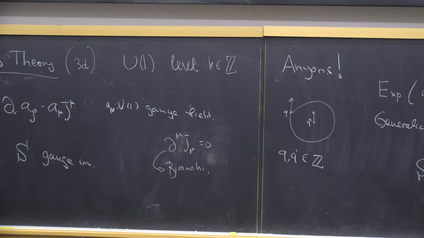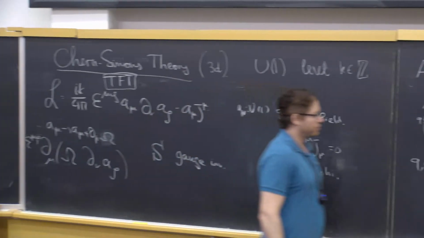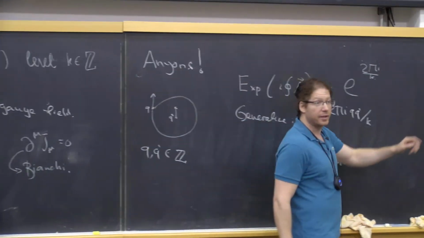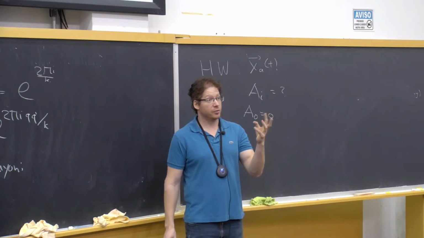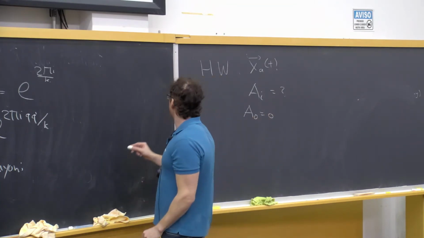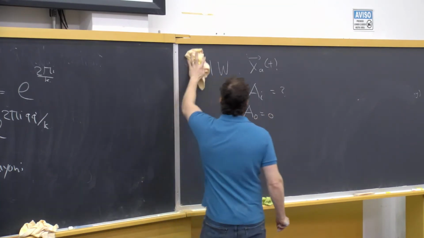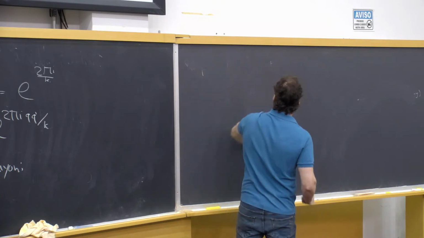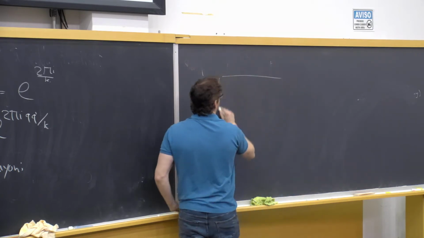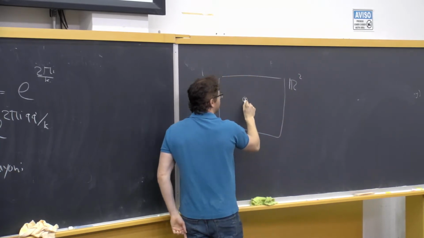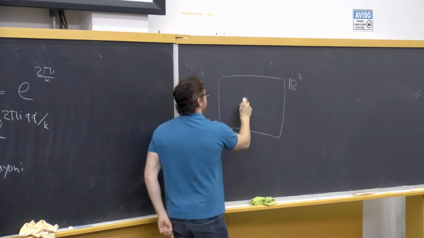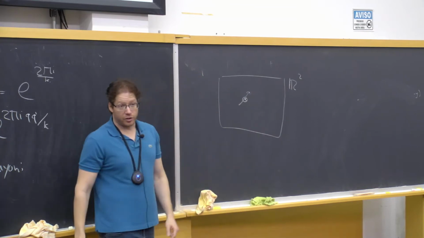So there is a conceptual problem that we have to discuss before we get to compute the spin, which is, why is the spin even well defined? Why is the spin of an anyon well defined? So observation number 1 is that suppose you have infinite space R^2 and you put an anyon. So that's an anyon, okay? And you put this anyon at the origin.